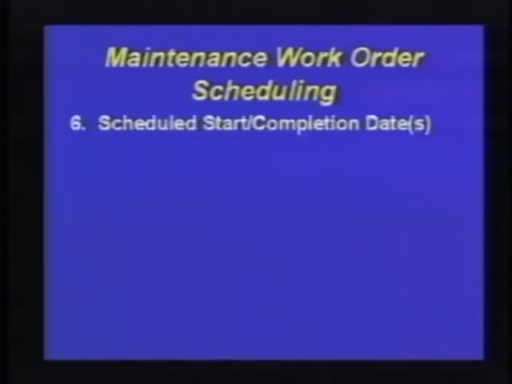We would actually schedule the start and completion dates. That's on the assumption now that the material requirements, that is the spare parts requirements or other related material, was received as a byproduct of the first step under 1A, which is for the planned maintenance work orders.